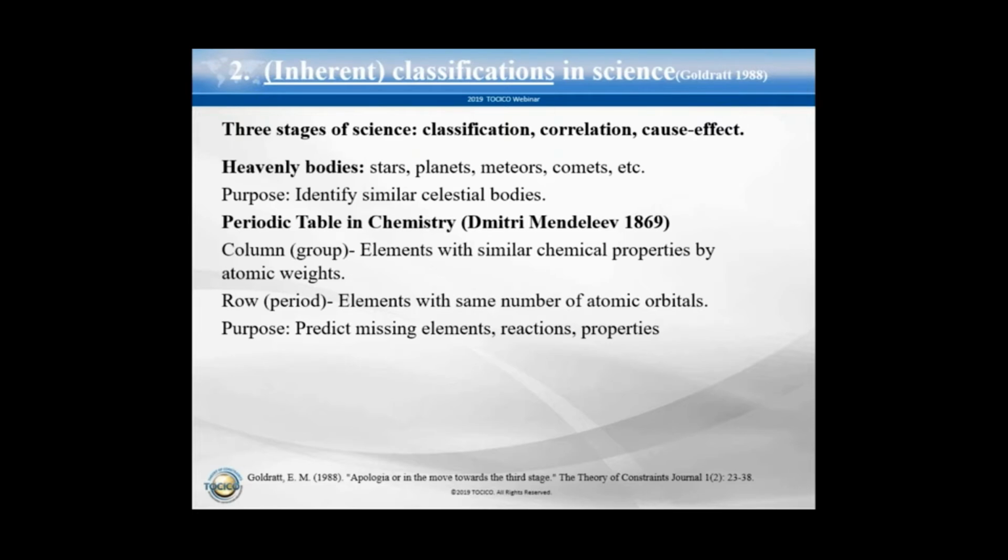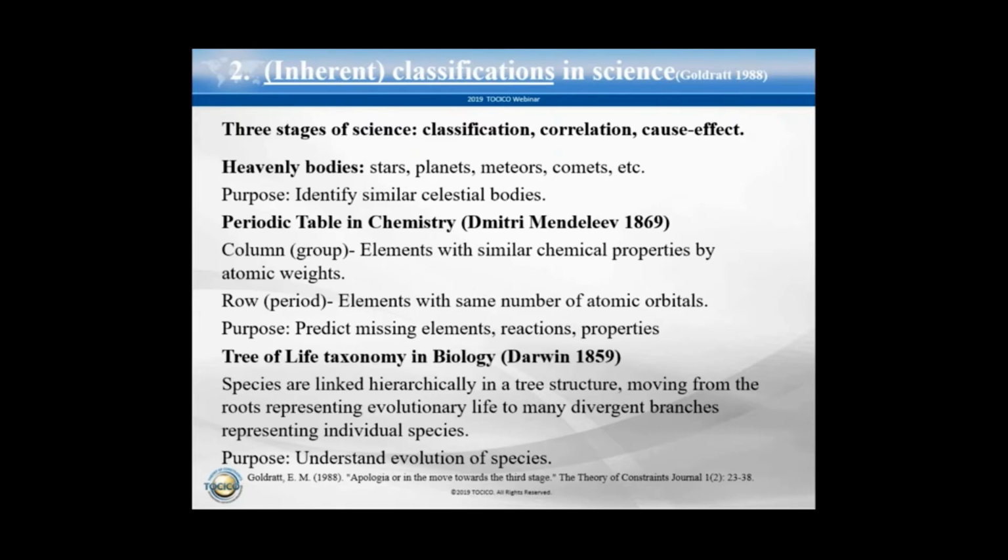Back in 1988, Goldratt did not use the term inherent classification. He used that later, but his examples link the classification scheme to a purpose. And then the last he discussed was Darwin's contribution and the tree of life, and the purpose of that was for people to understand the evolution of species.